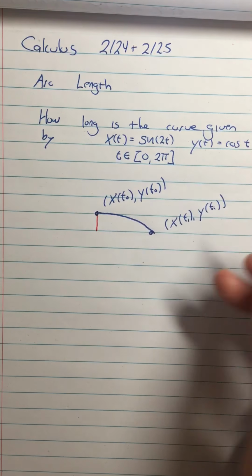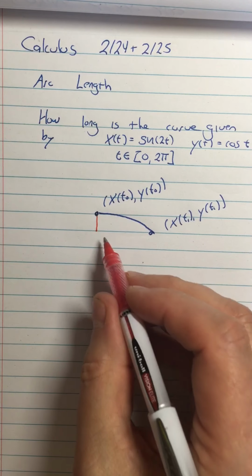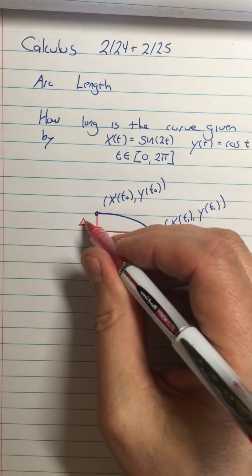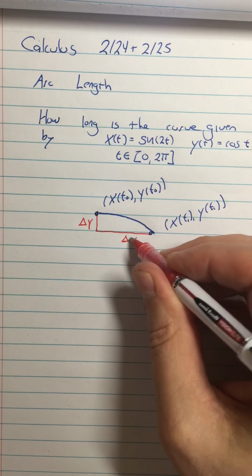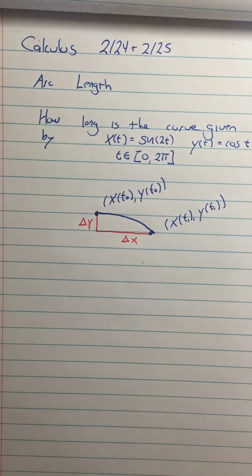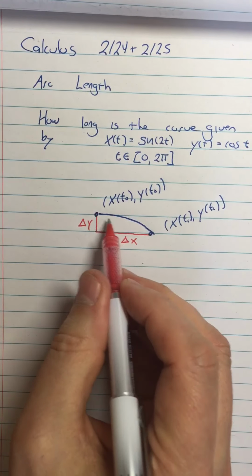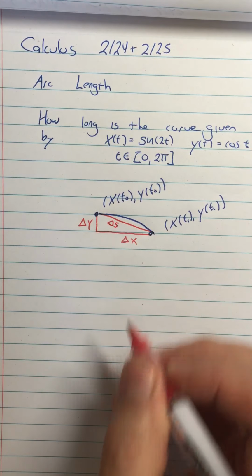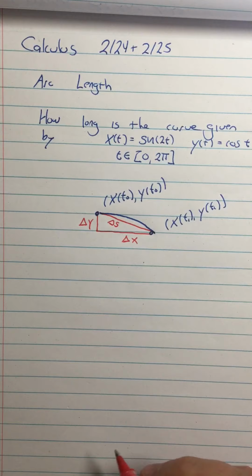So if I go from this point to this point, what do I do in Cartesian coordinates? I go a distance delta y and a distance delta x. And what I'm really interested in is delta s. How far did I actually go? It should be pretty obvious how I'm going to figure that out. It's going to be using Pythagoras theorem.